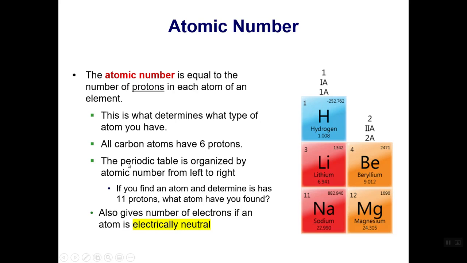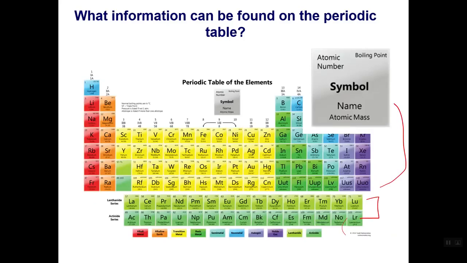Now, the periodic table is organized by atomic number in increasing order from left to right, just like you're reading a book. I'm going to go back and show you that. I know this is in the way here, but if you look in your textbook, there will be a picture of a periodic table, or you can just Google one. But you'll see 1 is here, hydrogen. 2 is here, helium.